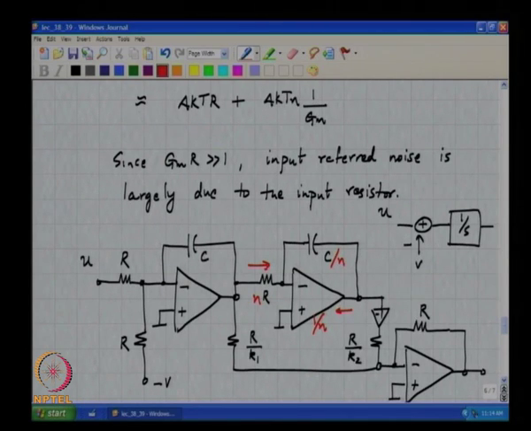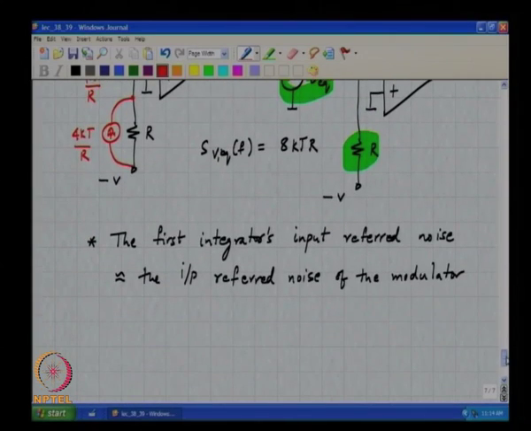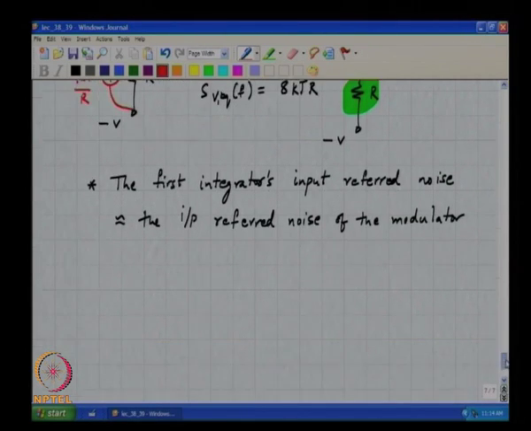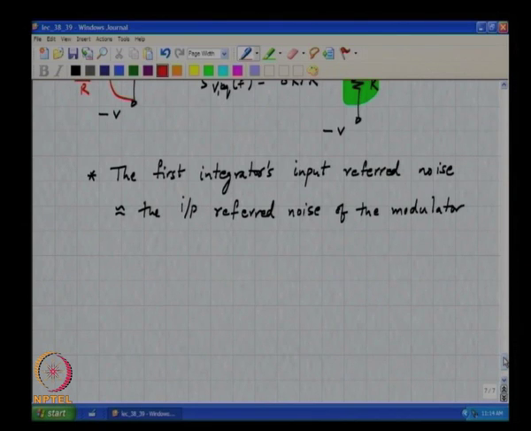However, when you refer that back to the input, it does not matter. You understand? So, the noise of the first integrator is a crucial factor that affects the input referred noise of the modulator. Does it make sense?